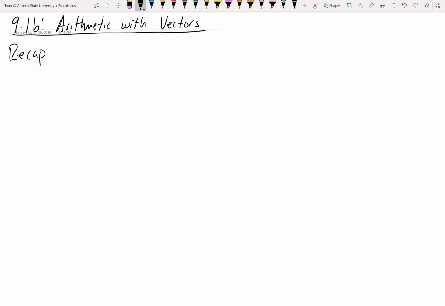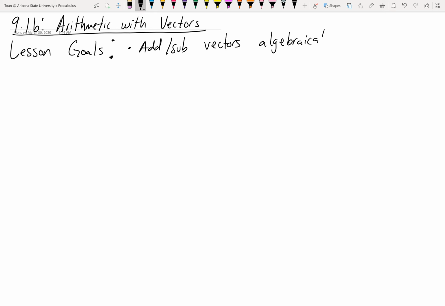Let's recap. Actually, I guess we should start with the lesson goals. So the lesson goals for today: we should be able to add or subtract vectors analytically, or I'll just say algebraically. Yesterday we did it geometrically, today we'll do it algebraically.